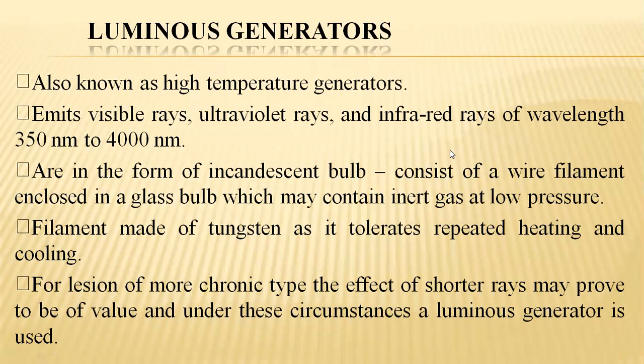These are having the form of an incandescent bulb, and nominally the same with respect to the electrical power supply, consuming the electrical power supply in the form of the AC source.